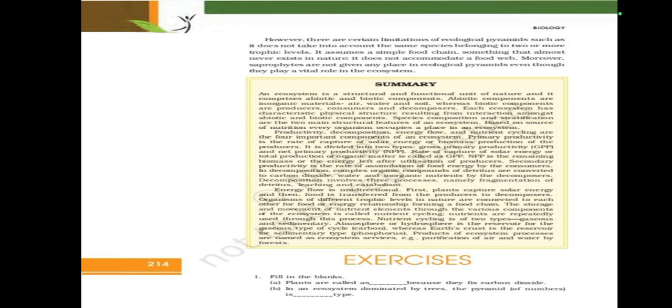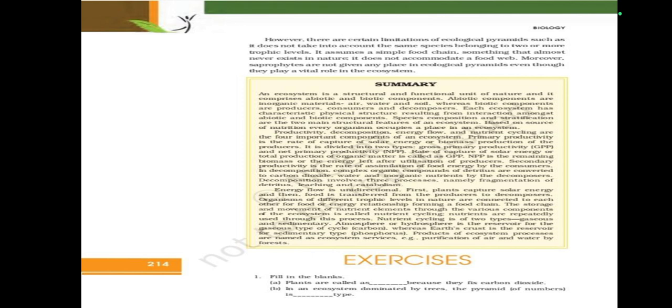Ecosystem summary. An ecosystem is a structural and functional unit of nature, and it comprises abiotic and biotic components. Abiotic components are inorganic materials, air, water, and soil, whereas biotic components are producers, consumers, and decomposers. Each ecosystem has abiotic and biotic components, species composition, and stratification.